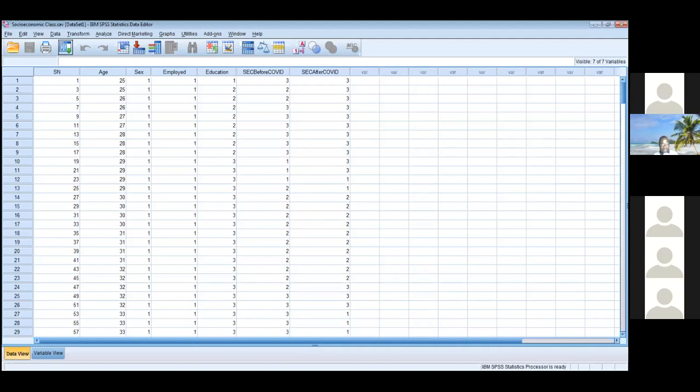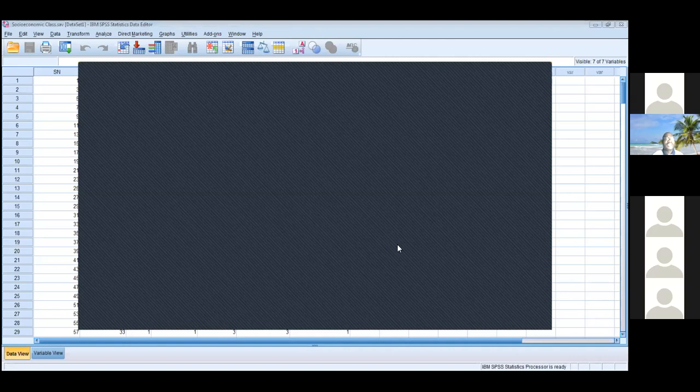Okay, thank you. Go and share the result. The way your computer behaves, stop sharing and share again, and share the result immediately. Check the result.